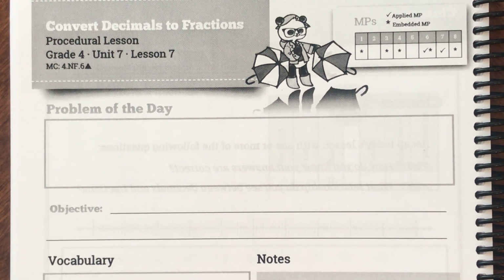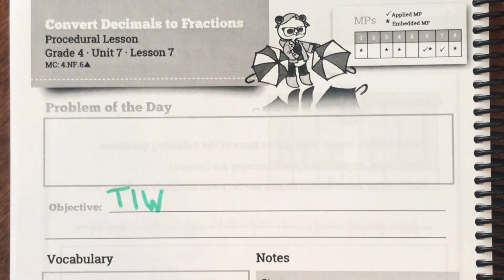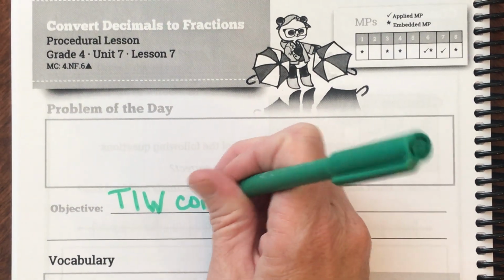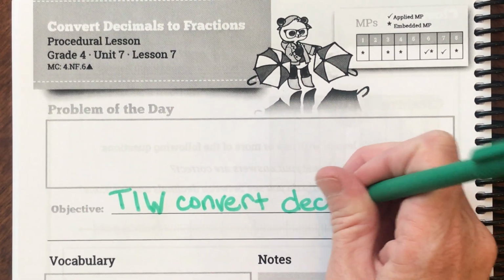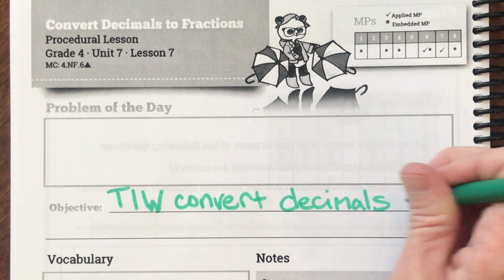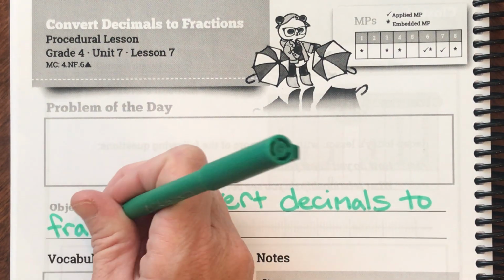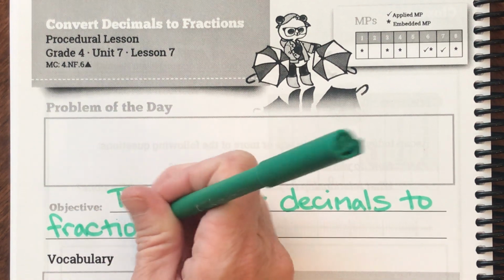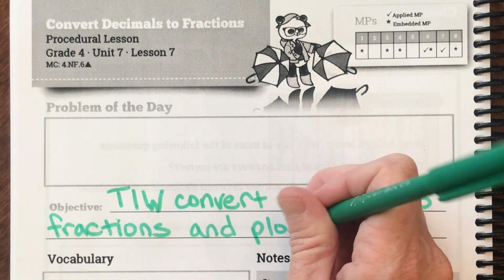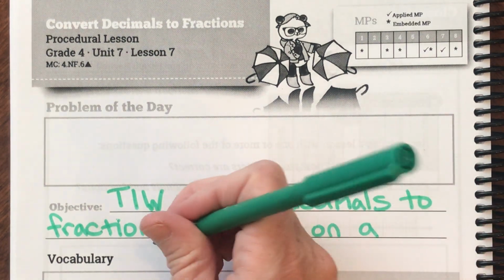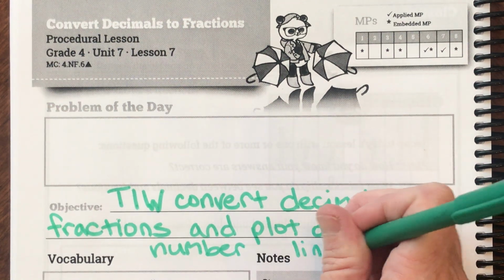And our objective today is, today I will convert decimals to fractions and plot on a number line.